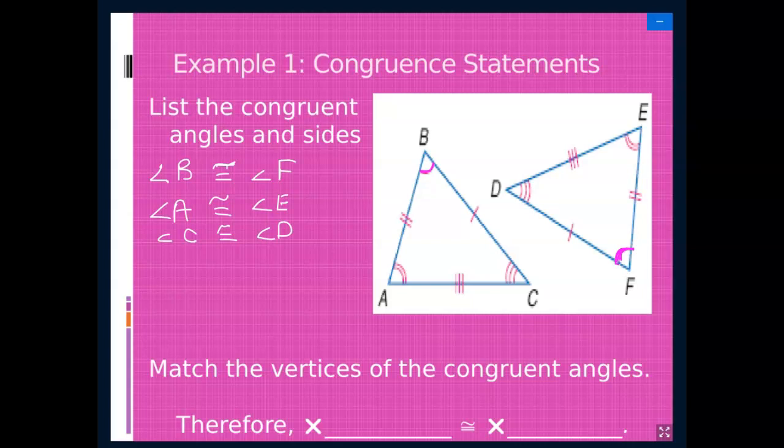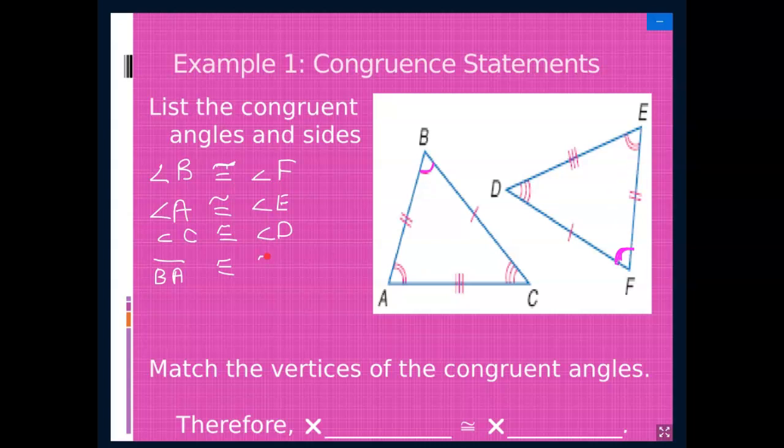We can match the sides similar to the angles. When you do your sides, you want to go from like one arc to two. So maybe I'd go from angle B to angle A. If I go from 1 to 2, then over here, I also need to go from 1 to 2.